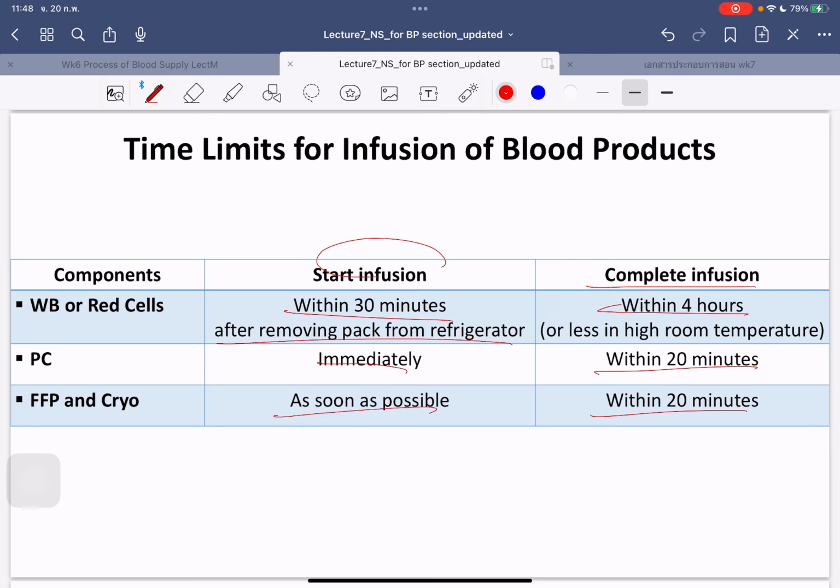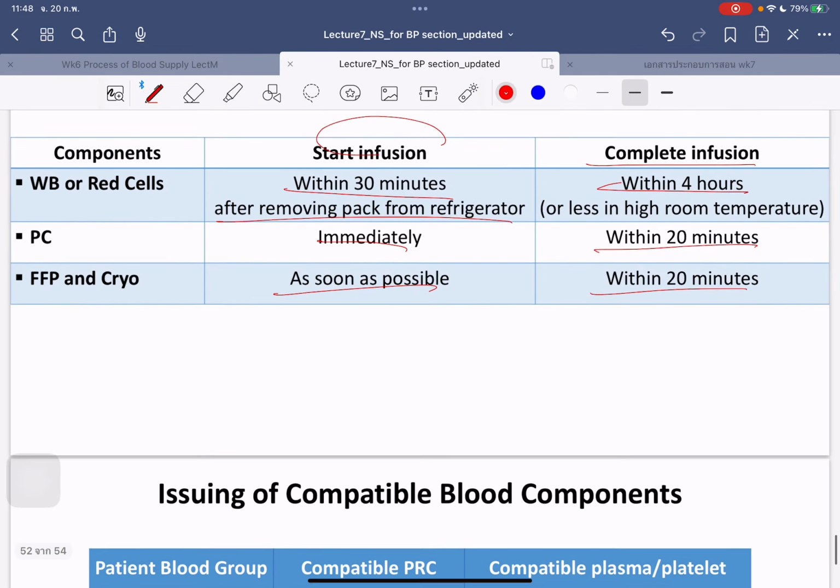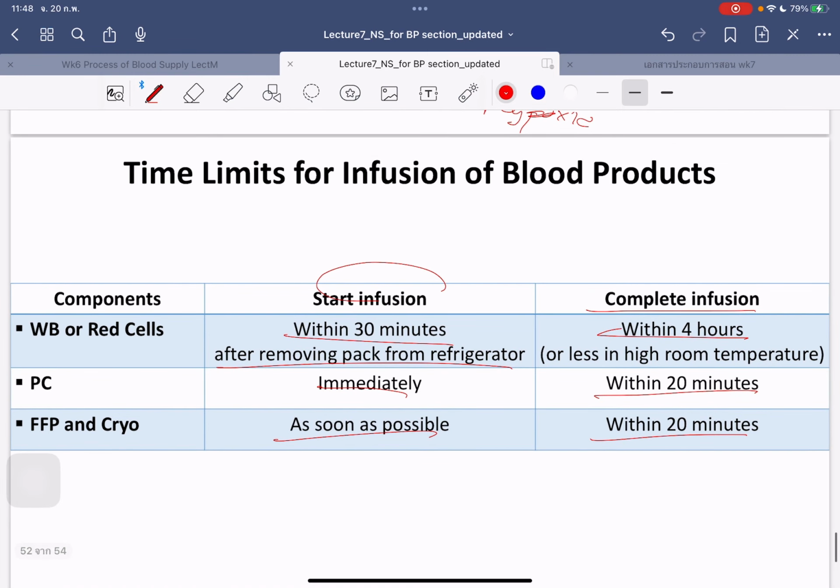It means that if the nurse comes to the blood bank to take the blood at 0 minutes and doesn't transfuse within 30 minutes, there may be a change of chemical components or other things. And when you transfuse to the patient, there may be clinical complications, such as the red blood cells may lyse during that time. And it should complete infusion within 4 hours.